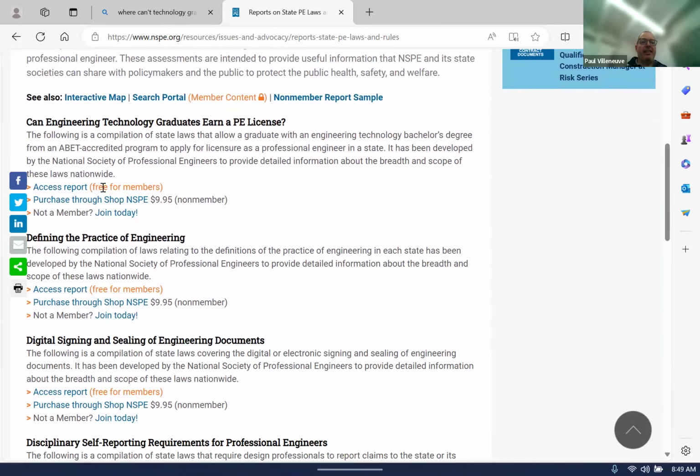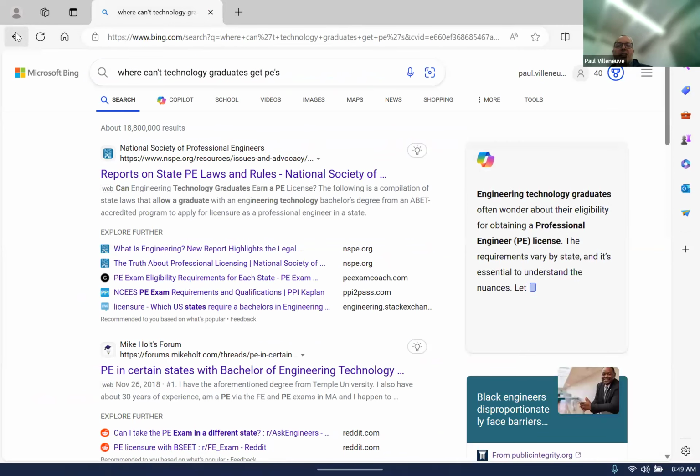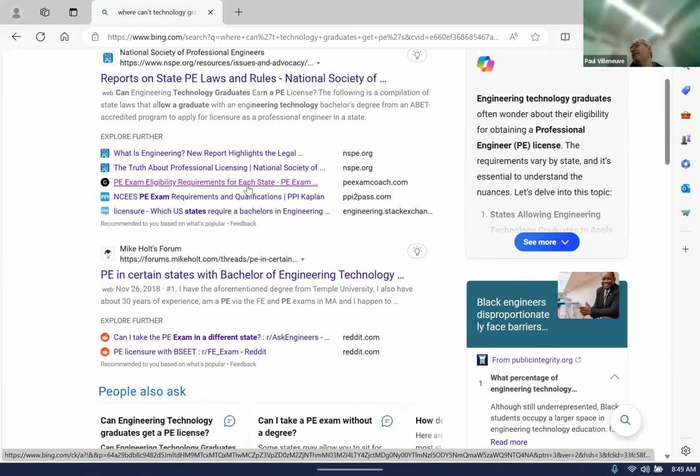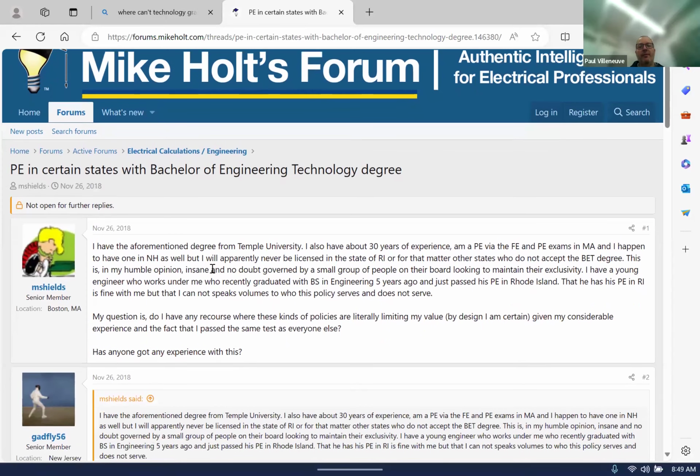I have to get a copy of this. All the states in New England except Rhode Island, you can get a PE. That's just because it's the quality, unfortunately, probably.